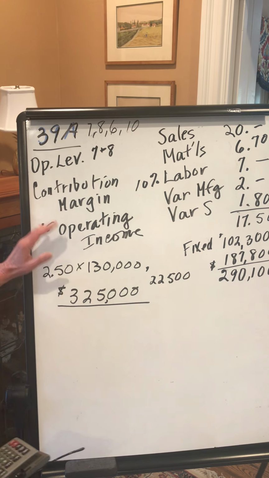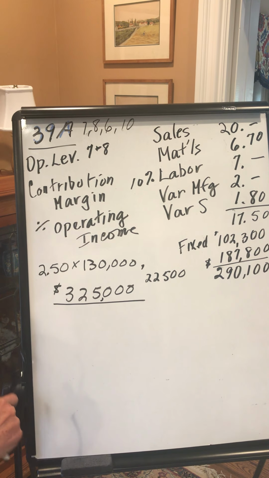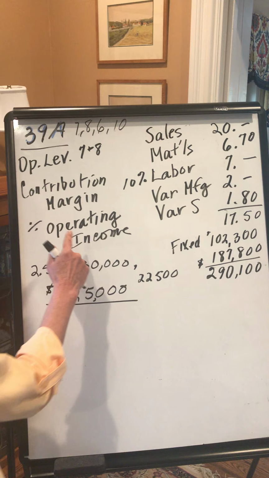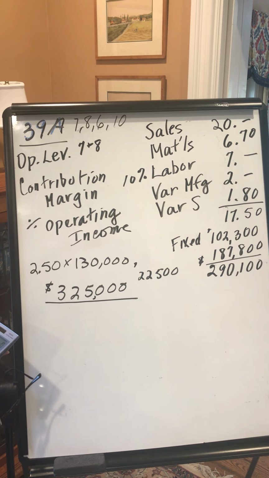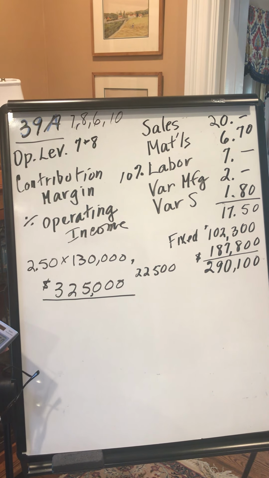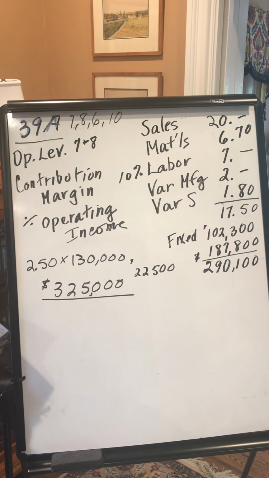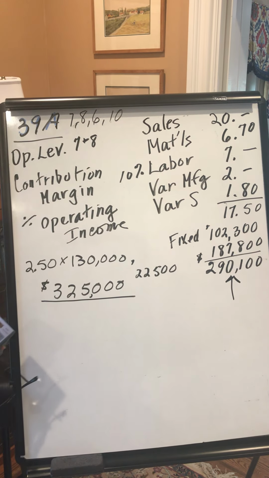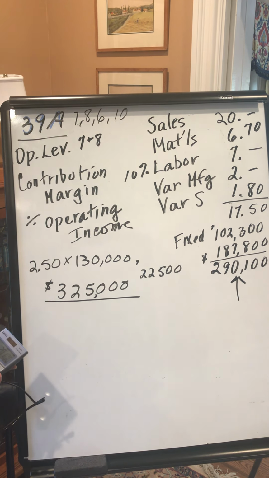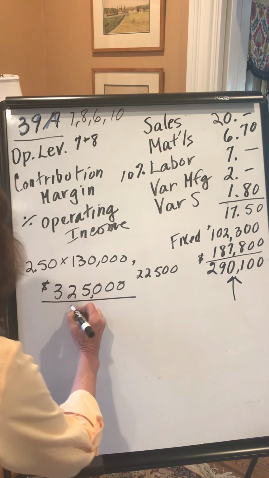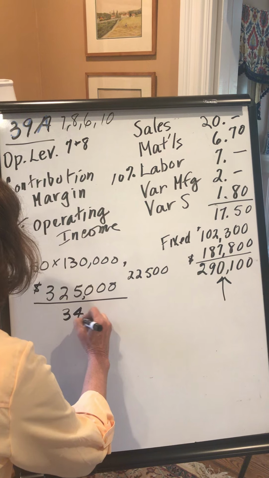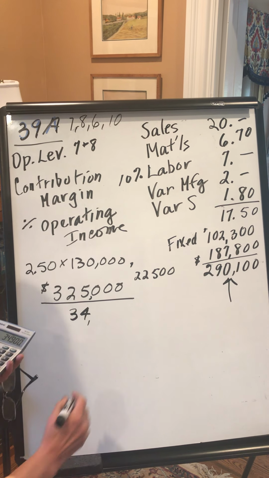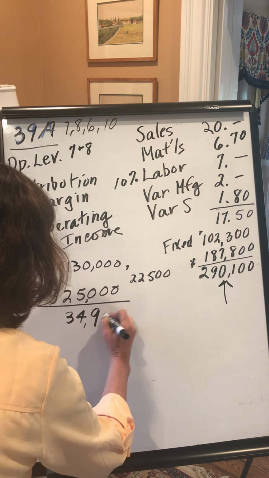And we need to divide that by operating income. And operating income is the contribution margin, $325,000, less our fixed costs, $290,100. So our operating income is $34,900.